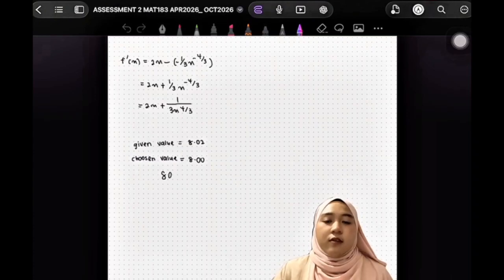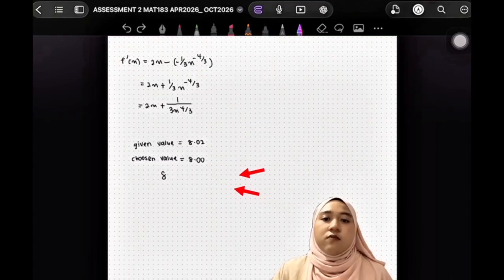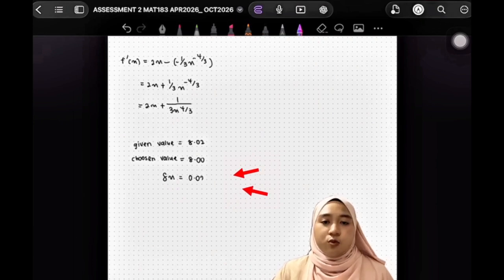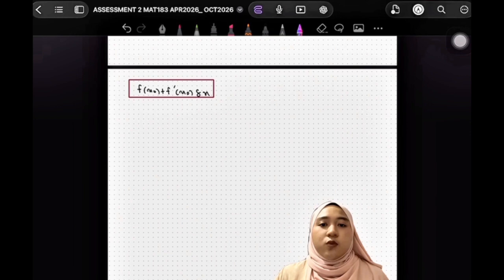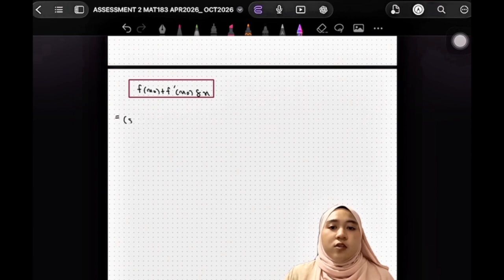Then the given value is 8.02. So the chosen value we choose from the question is 8.00. The delta x is 0.02. Then we use the equation, which is f(x naught) plus f prime(x naught) delta x. Then we substitute into the formula.